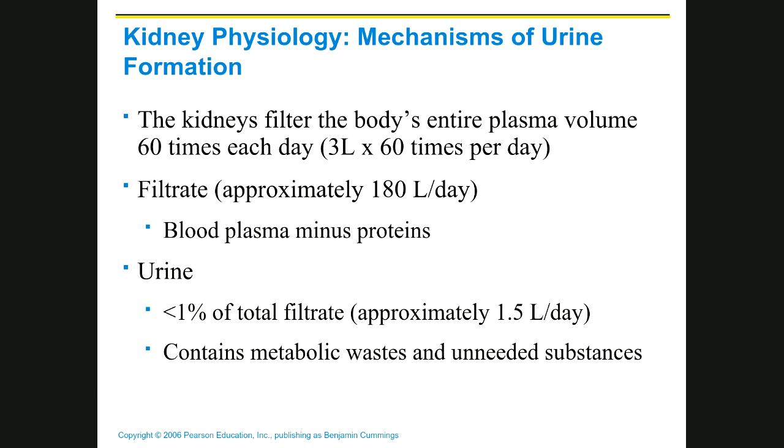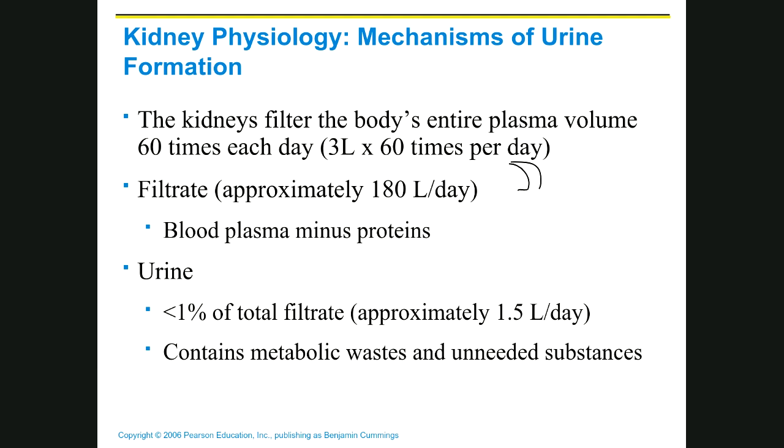If you filter 3 liters of fluid 60 times a day, that means 180 liters are going to be filtered. Anything that's filtered is called filtrate. So we're going to produce about 180 liters of filtrate.